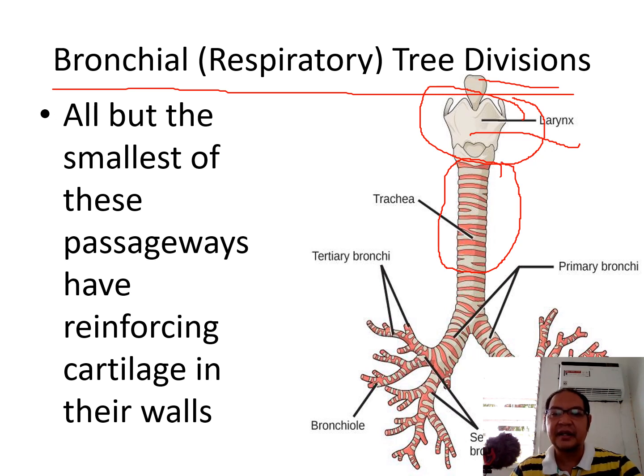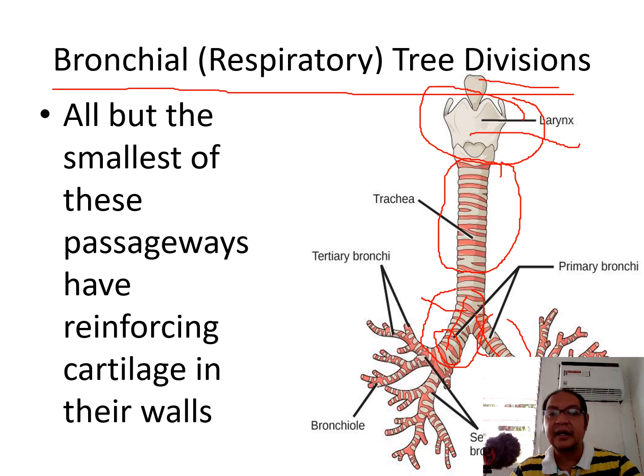And here below the trachea we have the primary bronchus, in which we described before that the primary bronchus, the right one, is straighter and wider because it has three lobes to supply, and the left one is longer and narrower.